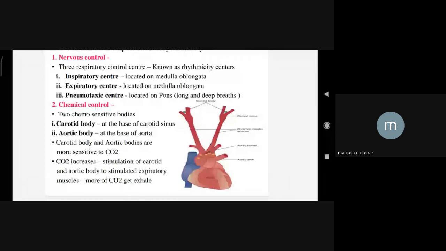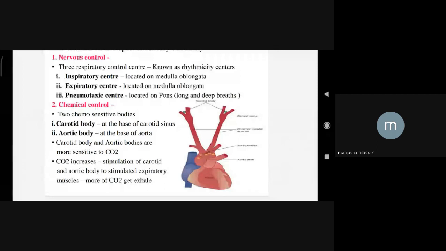How are they working? Two chemosensitive bodies are present: the carotid body and the aortic body. The carotid body is present at the base of the carotid sinus and the aortic body at the base of the aorta. Carotid and aortic bodies are more sensitive to CO2.